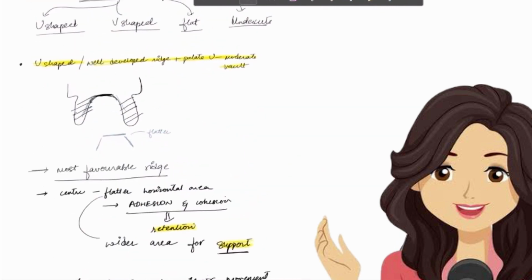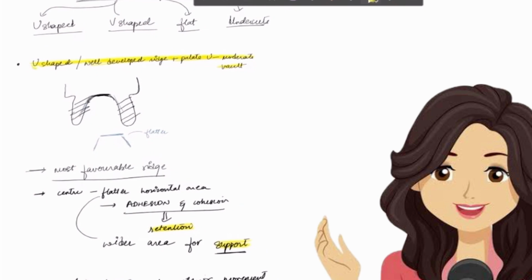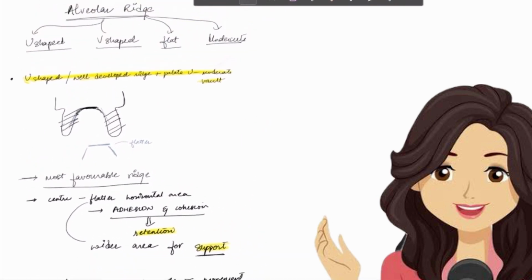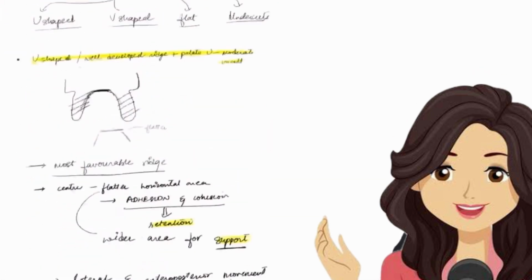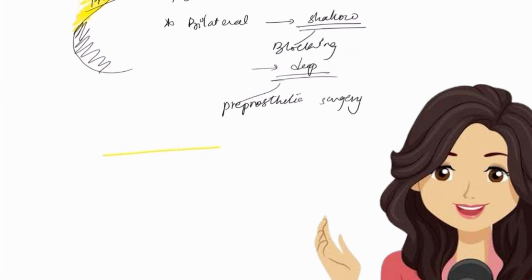And we saw the most favorable ridge, which is called the U shape of your palate associated with your ridges. So all in all, that is about your residual alveolar ridge. Clinically, the volume and the structure and the height of your residual alveolar ridge will help determine the retention, stability and support that is present in your prosthesis, right?